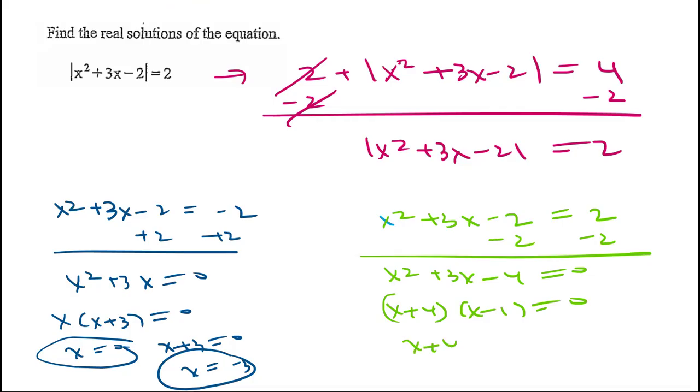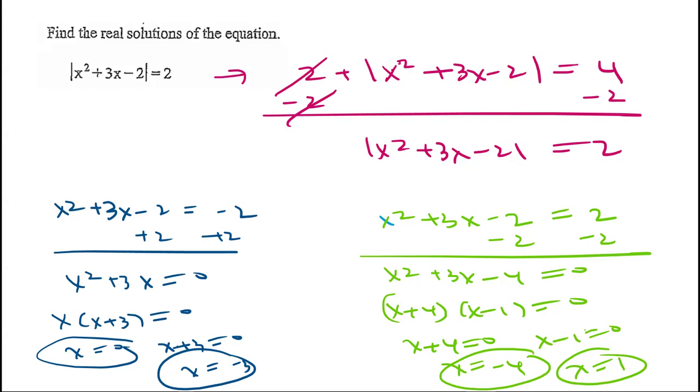So I'll get x plus 4 equals 0 and then x minus 1 equals 0. So that gives me -4 and +1. Okay. All right, and I'll have 4 answers because I have here on the left side x squared, so it spits out 2 answers. And on the right side, I also have another x squared, so it spits out the other 2 answers.